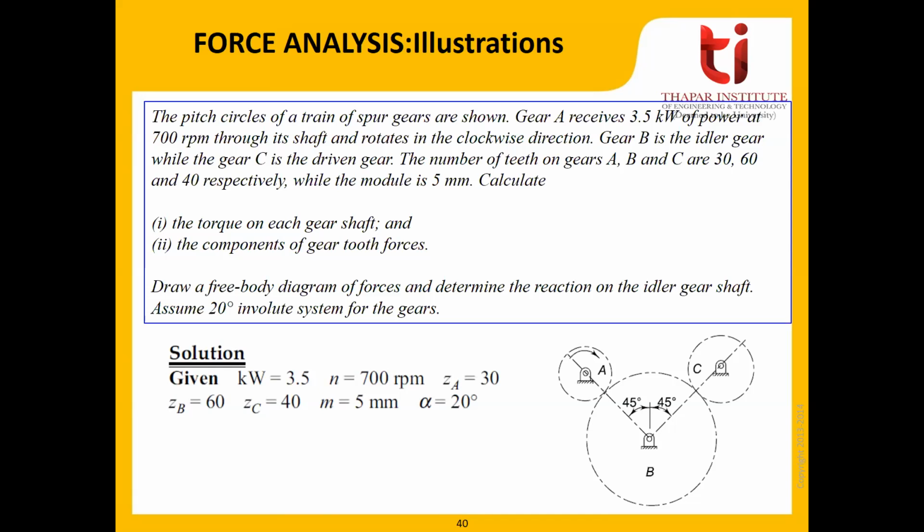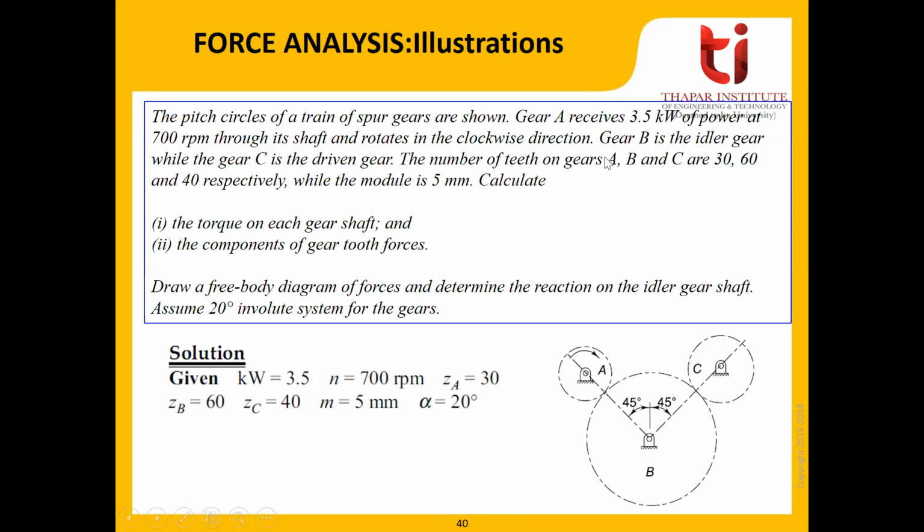So here are three gears. One is A, then B, and the third one is C. And we know the power at 700 RPM through its shaft, and it rotates in the clockwise direction at shaft A. B is the idler gear, while C is the driven gear.